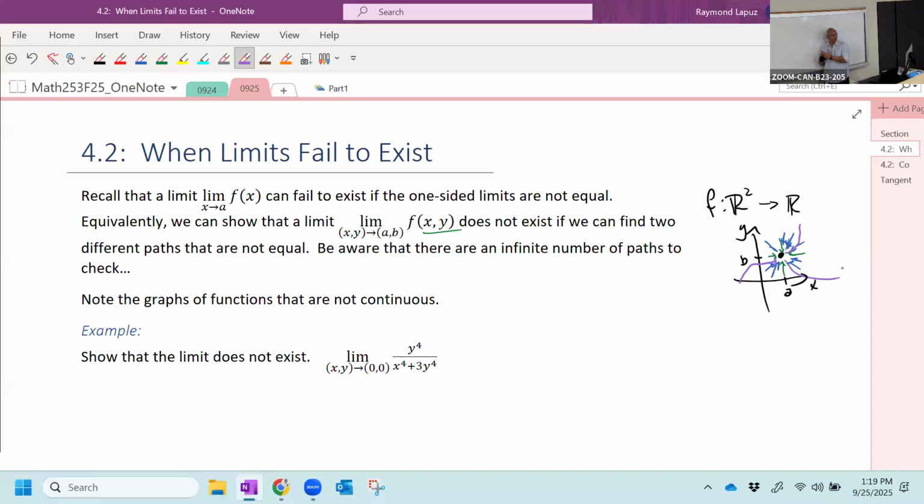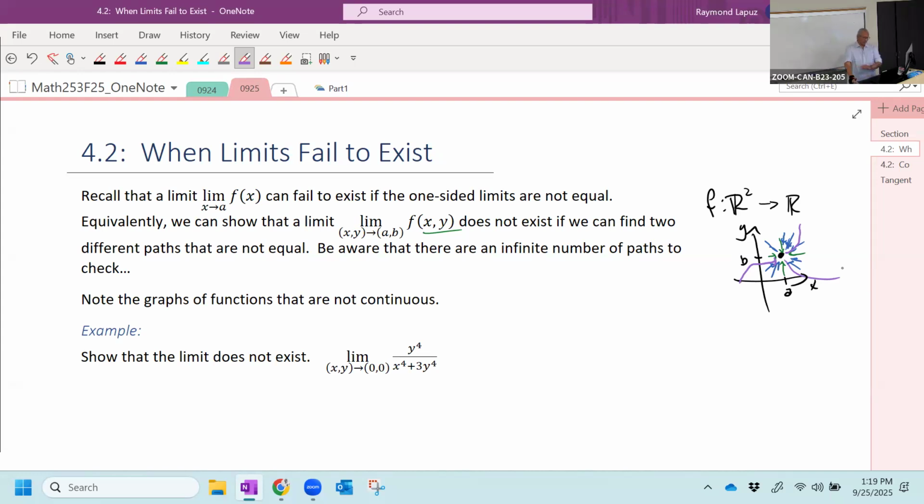All you need are two paths that give you different answers. Showing something doesn't exist would require you to find two different paths that give you different limits.